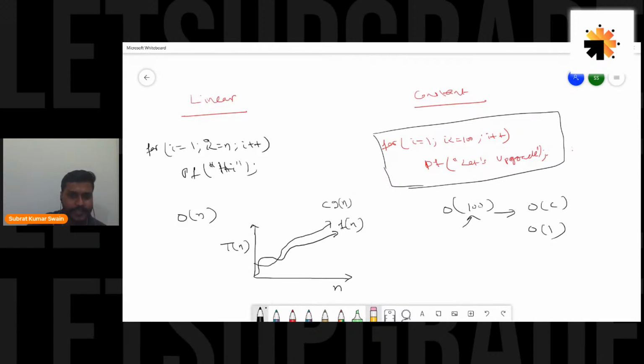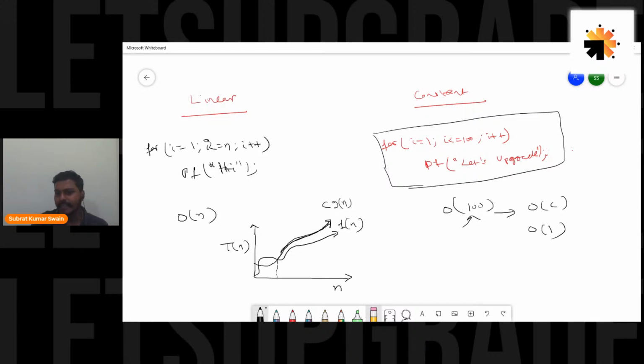From this point onward, c·g(n), where c is a constant and g(n) is another function, is always greater than f(n). So you can say c·g(n) is an outer bound of f(n). The time complexity of the algorithm, in the worst case, will take at most c·g(n).